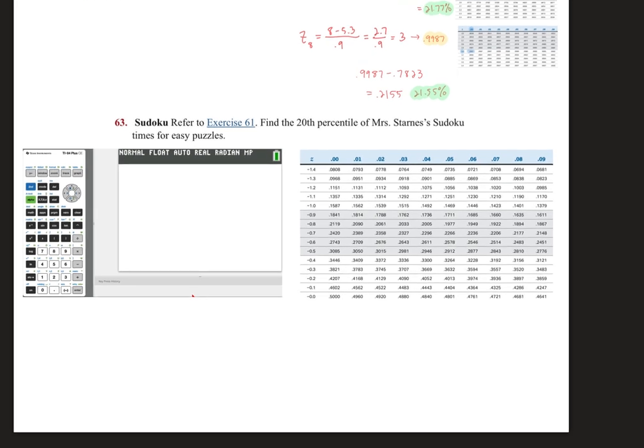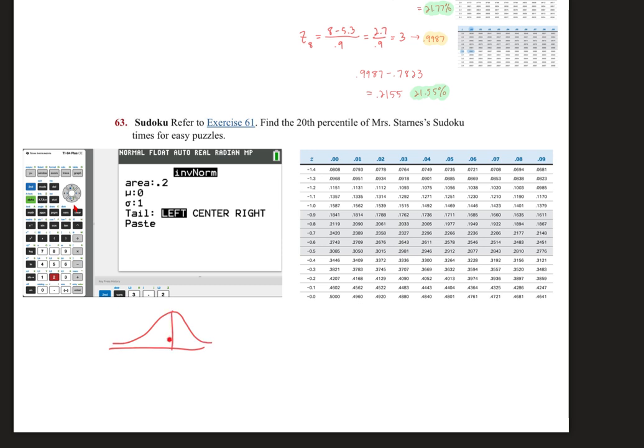Okay, so on the calculator, let's look. Anytime you're given a percent or a proportion, we'll do the same thing, but do inverse norm. So the area less, actually, let's do that first. If we're doing a normal graph, this would be 50%.